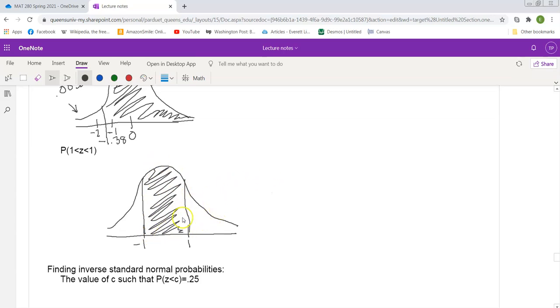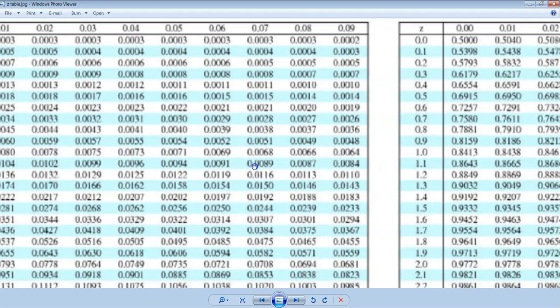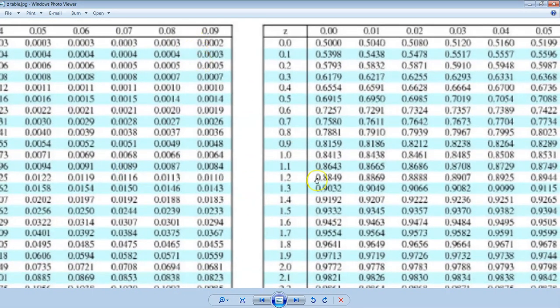So what I'm going to do is find the area to the left of 1. So here's 1 and here's -1. I'm going to find this whole area here to start with. So if I look up 1 on the table, so 1.00, that gives me 0.8413.